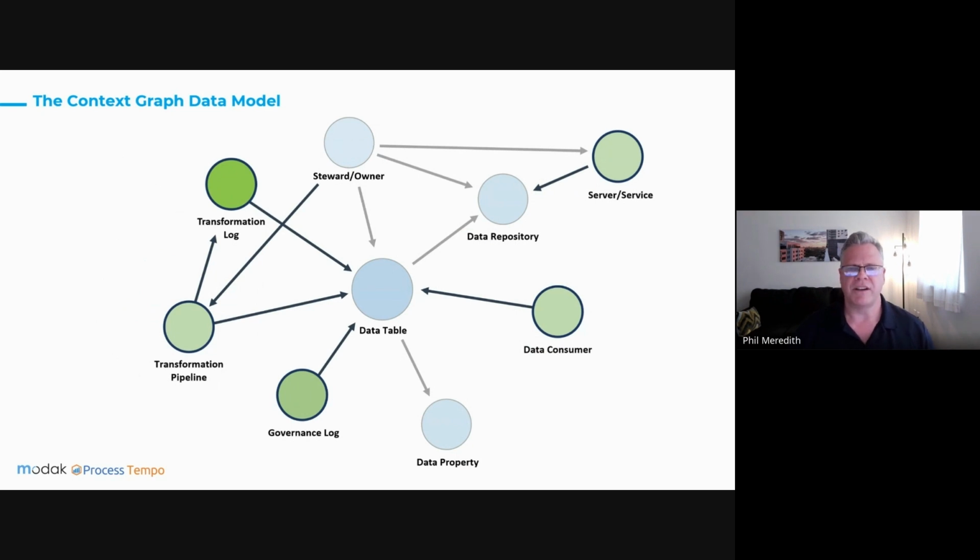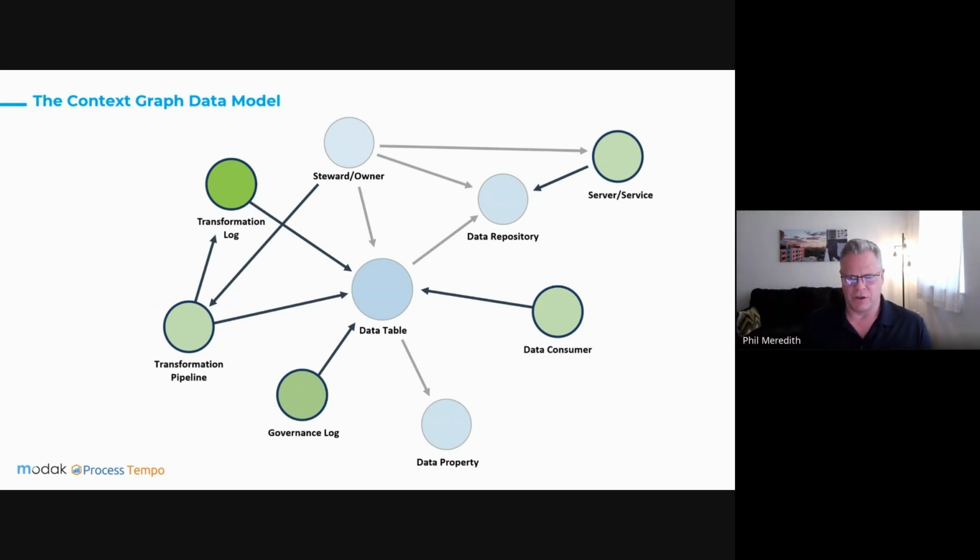And these objects and these relationships will normally come from metadata captured in a data lake or a data catalog. And by looking at the data in a graph, you would understand that this data table has a relationship with this repository, has a relationship with this owner, and this table has these properties, right? What we add with the context graph is context around that.